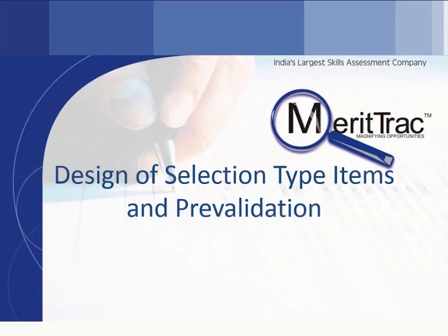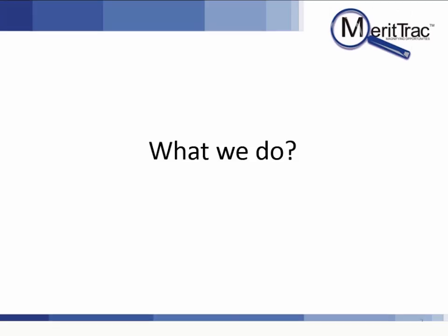To the next slide. In this slide, I need to tell you what we do here in Meritrack. In Meritrack, we do assessment, which is pre-recruitment assessment for different corporates or different bodies. We operate in 6 different verticals.